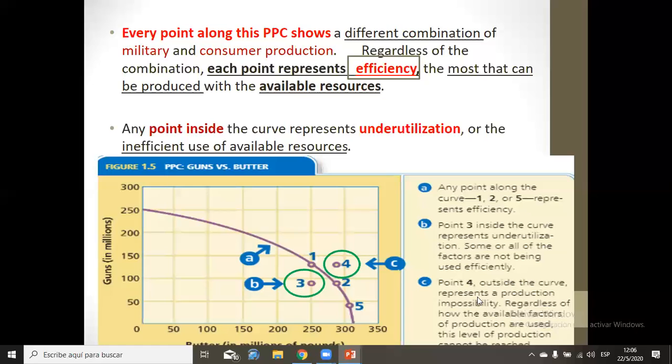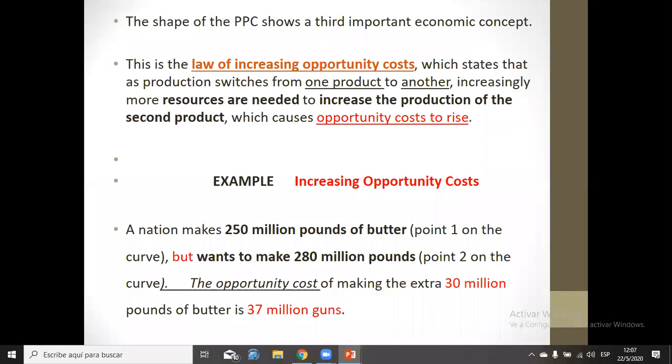Outside the curve represents a production impossibility. Regardless of how the available factors of production are used, this level of production is not possible to achieve, never, unless the economy is growing, or you add new technology, or you bring new workers who know how to produce these things.